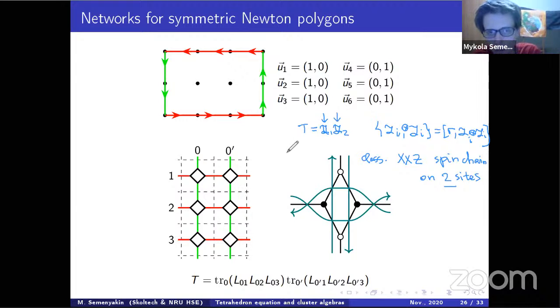And the nice thing which is clear in this formulation is spectral duality. Spectral duality says that in fact the classical XXZ spin chain for GL3 on two sites shares the spectral curve and phase space with the classical XXZ spin chain for GL2 on 3 sites.